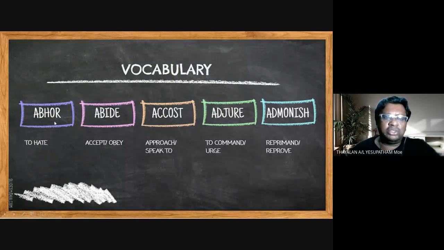The first one is to abhor. Abhor means to hate. Abide, to accept or obey. Accost, approach or to speak to. Adjure, to command or to urge. Admonish, to reprimand or to reprove, which means to correct.